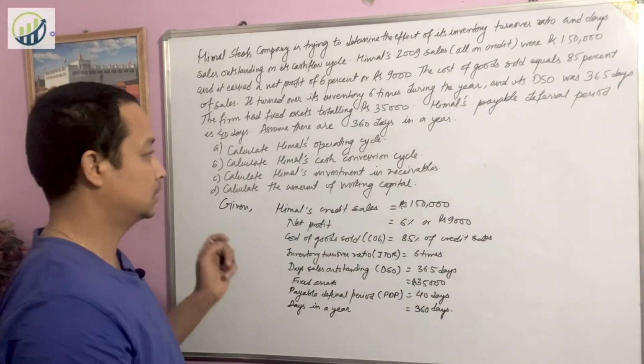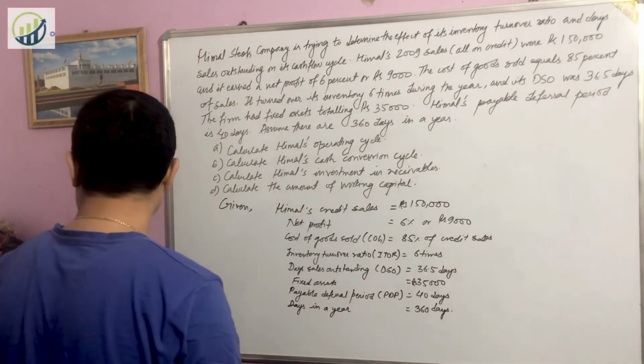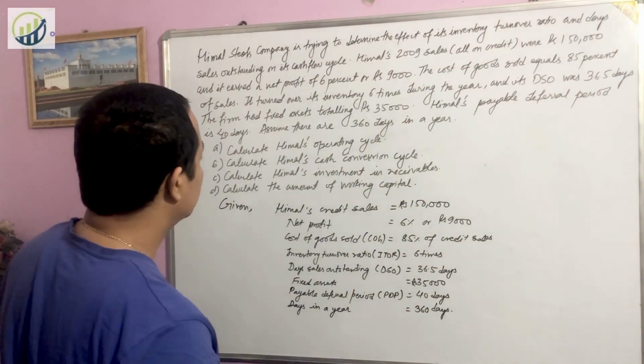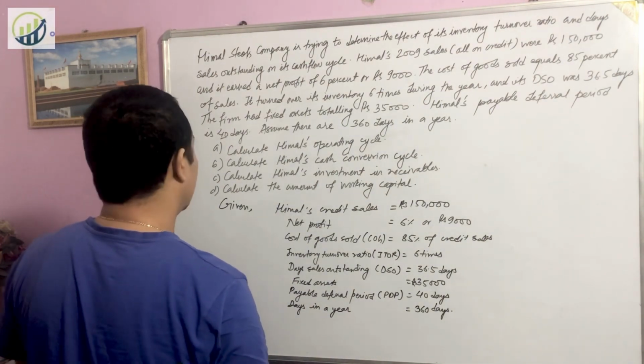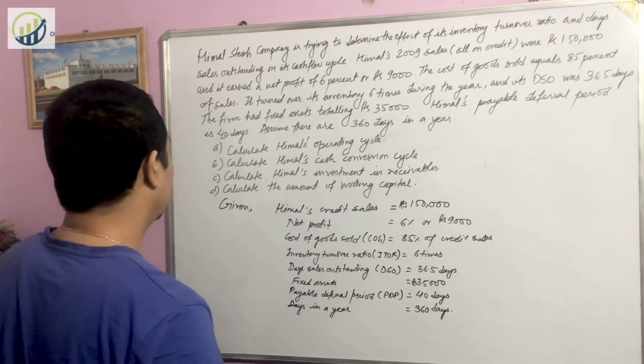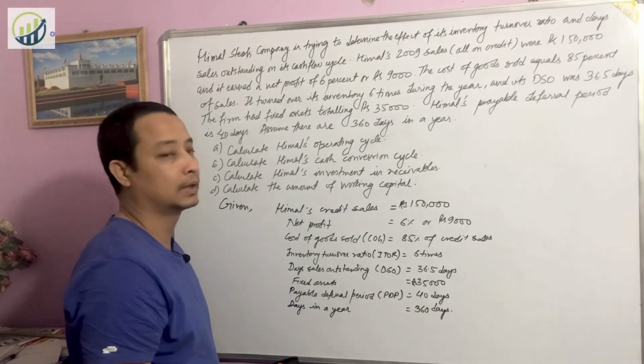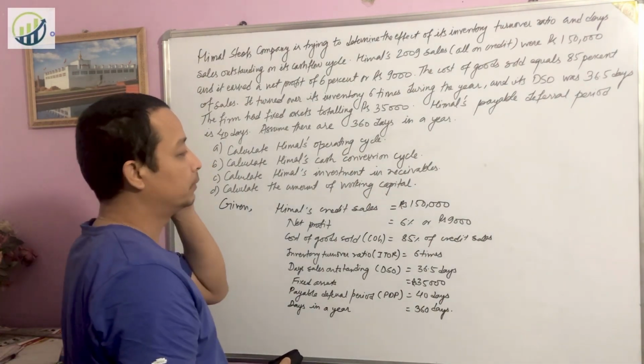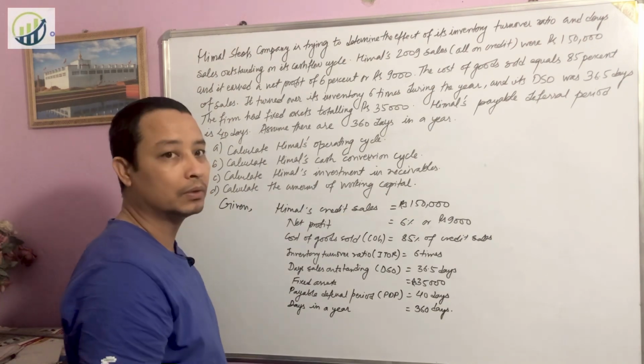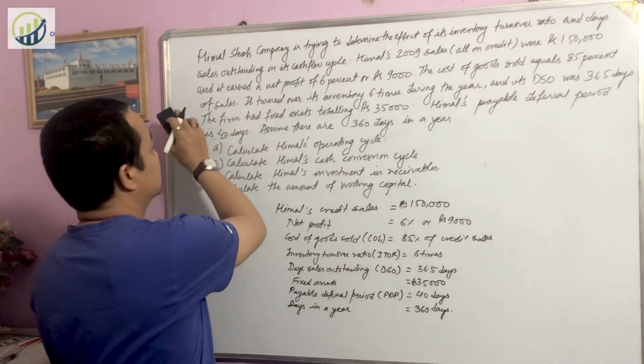Now by using this information, you have to find the different requirements here: operating cycle, cash conversion cycle, investment in receivables, and amount of working capital. So let's solve this.